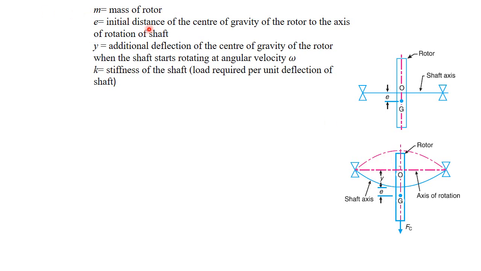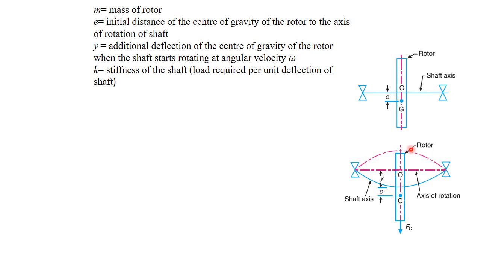So M is the mass of the rotor, and e is the initial distance between the center of gravity of the rotor and the axis of the shaft. That is, e is the distance between the axis of rotation of the shaft and the center of gravity of the rotor. And if y is the additional deflection, you can see here this is the static condition, that is, the shaft is not rotating.